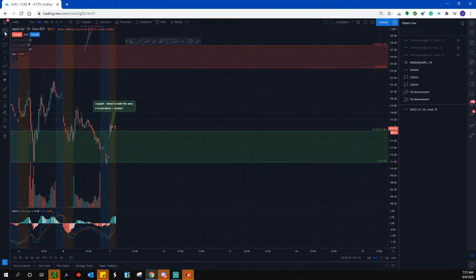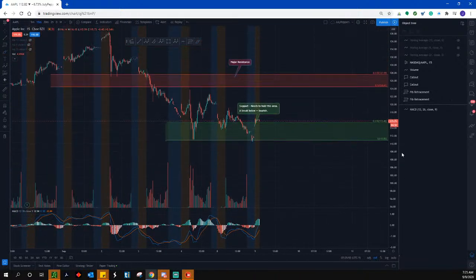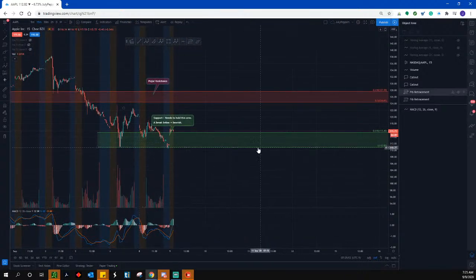We've sat in this support area for some time, and we kind of broke through it here in the aftermarket, or actually pre-market. Actually, is that aftermarket? Yeah, that's aftermarket or after hours. So that's not concerning to me. The fact that we're still holding the zone is a good sign.